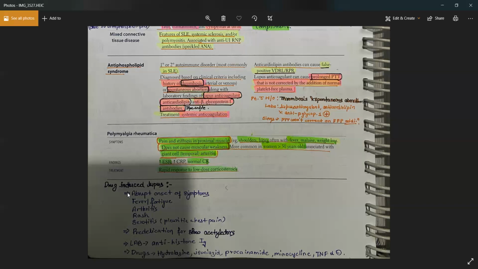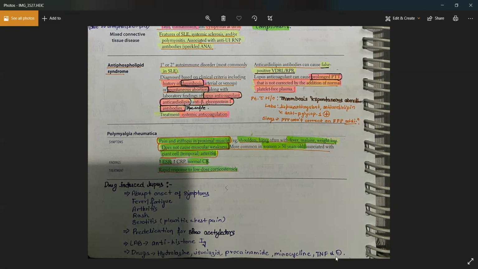You can have very similar symptoms in both disorders, but please note SLE will always present only in females, especially for the Step 1 exam. Drug-induced lupus could be in a female or a male, and the patient must have a history of drug use. The drugs include hydralazine, isoniazid, procainamide, minocycline, and TNF alpha inhibitors.